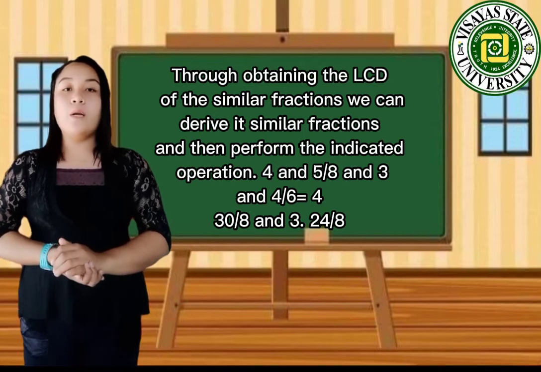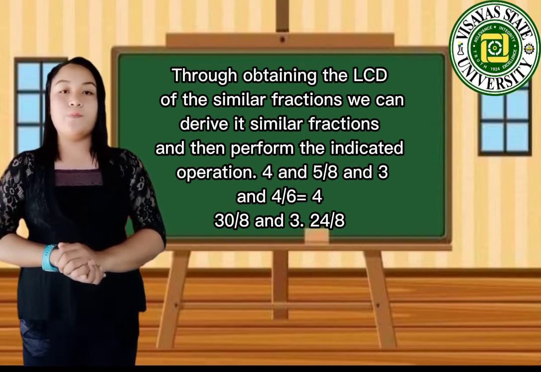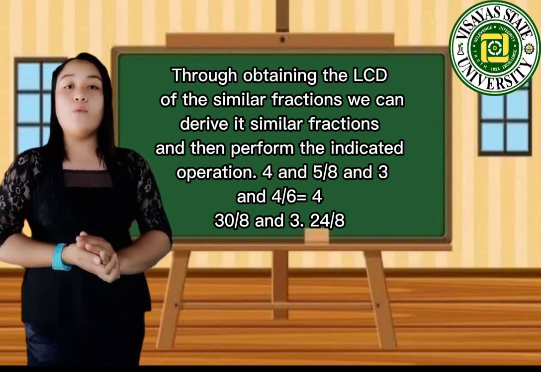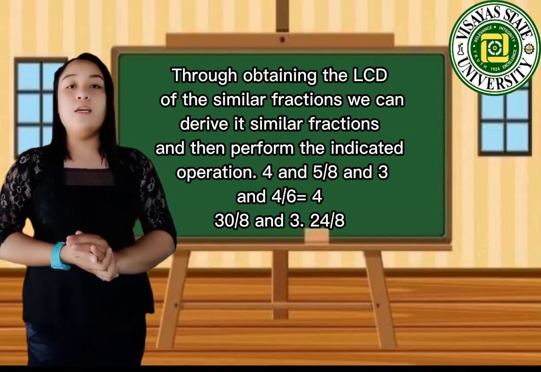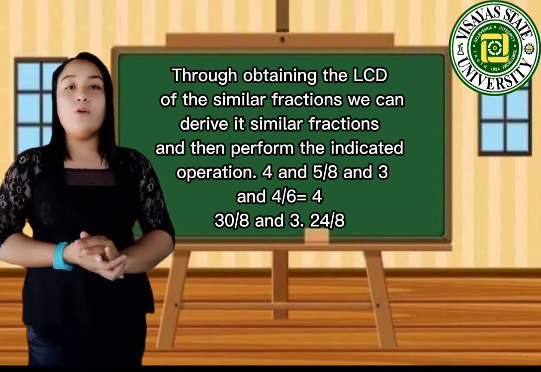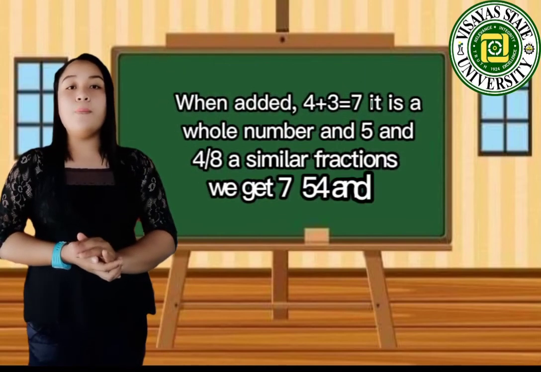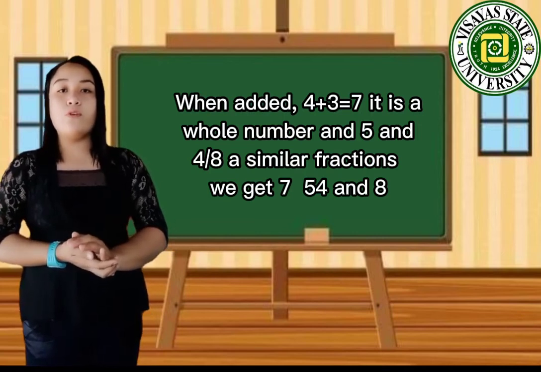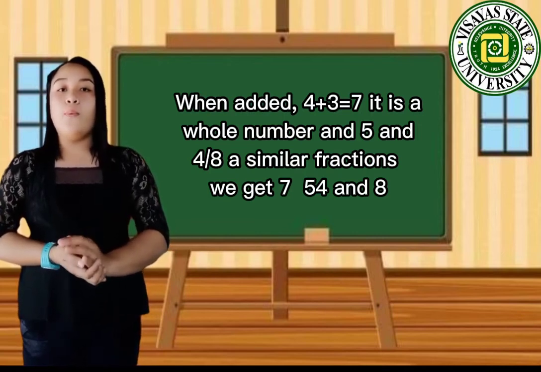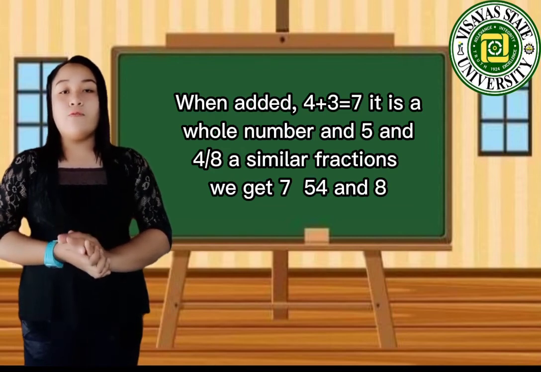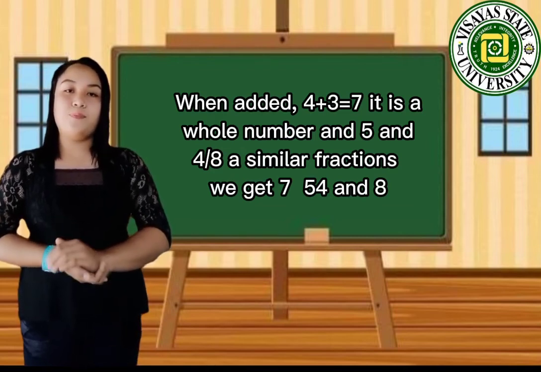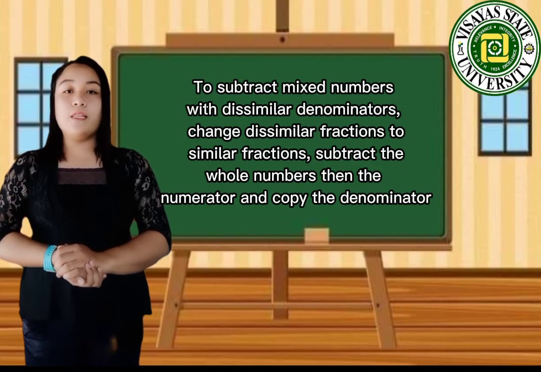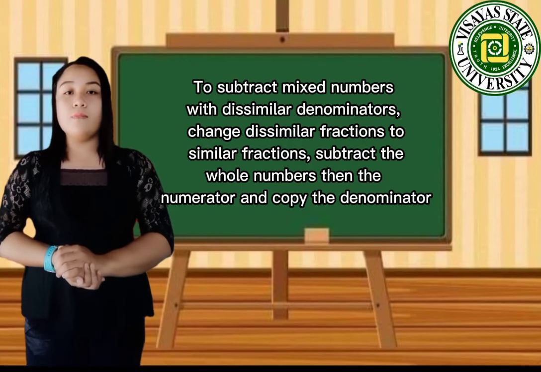Through obtaining the LCD of the fractions, we can derive similar fractions and then perform the indicated operation. 4 and 5/8 and 3 and 4/6 equals 4 and 15/24 and 3 and 16/24 when added. 4 plus 3 equals 7, a whole number, and 15/24 plus 16/24 similar fractions. We get 7 and 31/24.